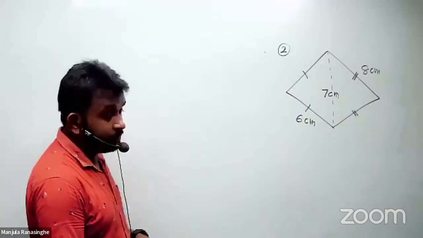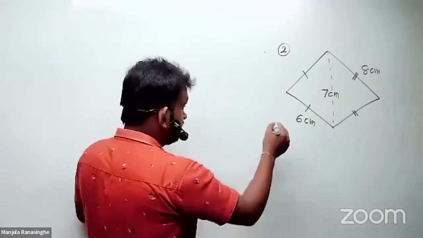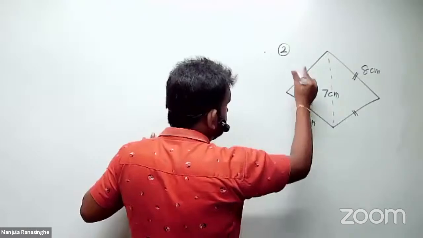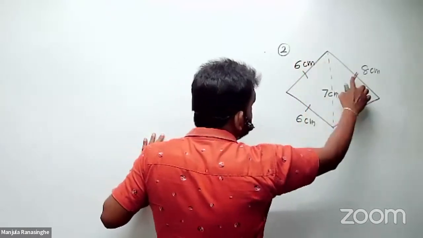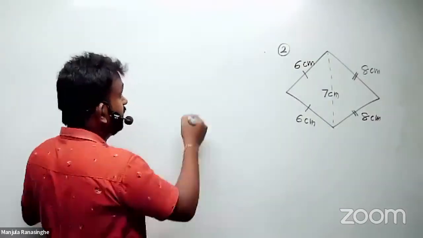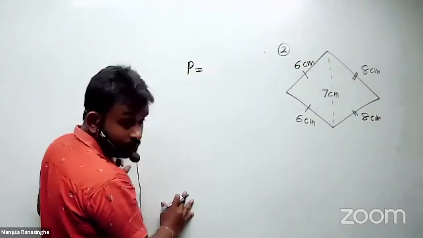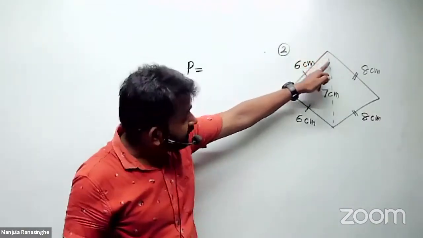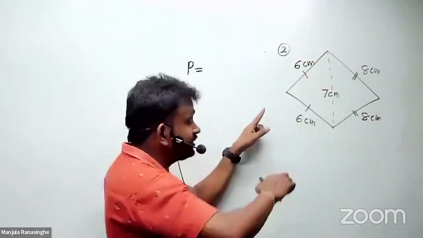Right. Okay. Right here it is given that 6 centimeter. So two sides being equal. Here also 6 centimeter. Here 8. Here also 8 centimeter. Now you have to add up all the length, outer length only. Remember that. So you are not running inside, right? You are not running inside, just outer length.